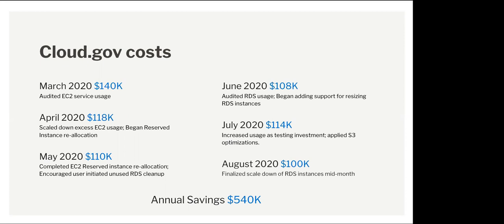Again, once we added that in July, we had a slight increase in costs because we were doing lots and lots of testing. We also applied the S3 optimizations in July, and that allowed us to only see a moderate increase.